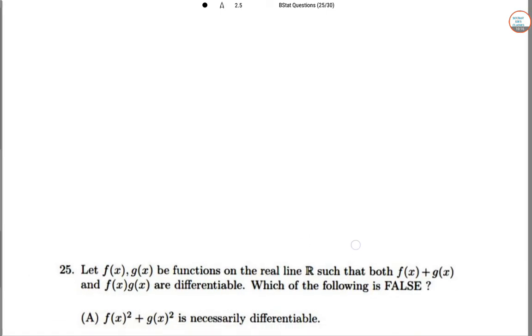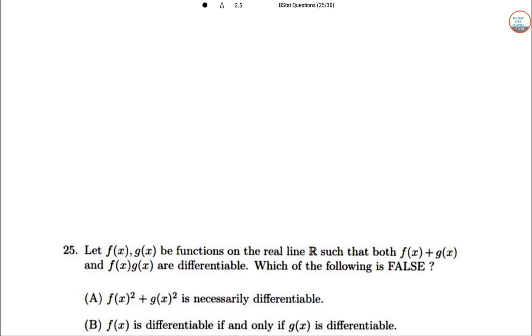Next one, let f and g be functions on the real line such that both fg and g x are differentiable, then which of the following is false. Okay, have a look.